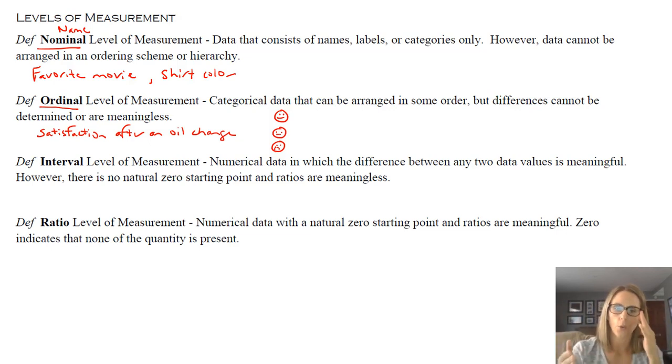And so we can categorize it. We know that the smiley face is better than the unhappy face. However, there's no way to say, oh, this is that much better than this one. We just know that there is a way to order it, but to actually quantify that order, we can't determine how much the difference is between them. We just know one is better than the other. So that's ordinal level of measurement.